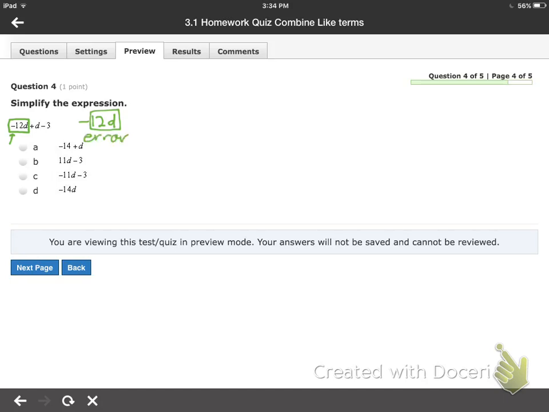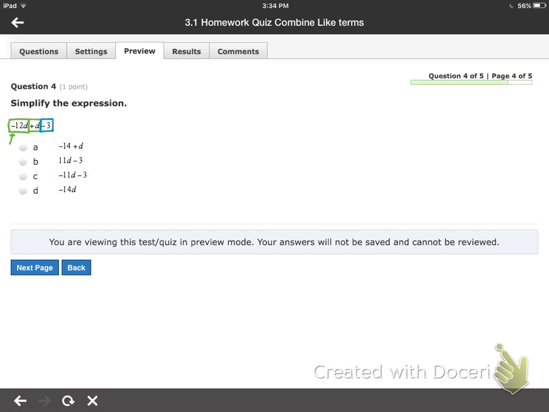If you ignore the negatives, you're going to have major consequences in your computation, and you're going to get the wrong answer. You cannot ignore the negative. Then I'm going to identify the other terms. I've also got a positive d. And then this one over here doesn't have a d, so it's just an integer, and it doesn't belong to the other 2 terms.